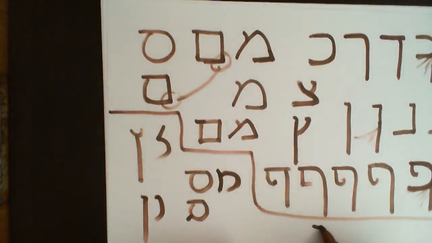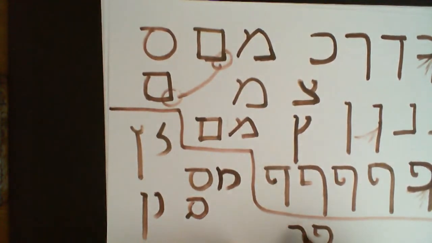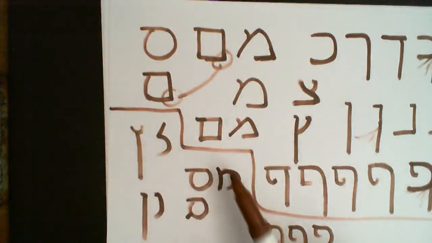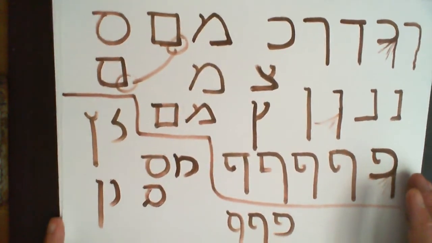So we have Pei like so, and then the final Pei in Rashi script is like that, and sometimes this touches like that. And that's pretty much, I think, covered all the ground between the Ketav Rashi and the standard square script for the intermediate and the final letters.